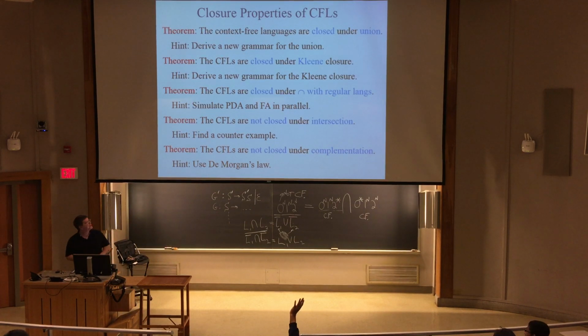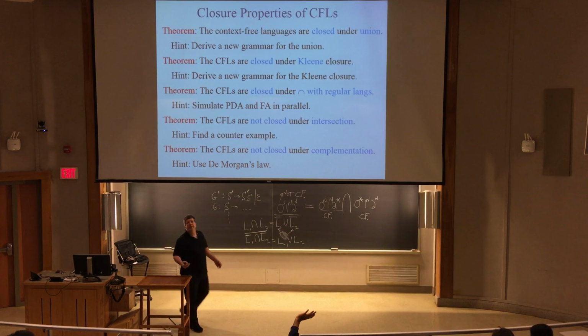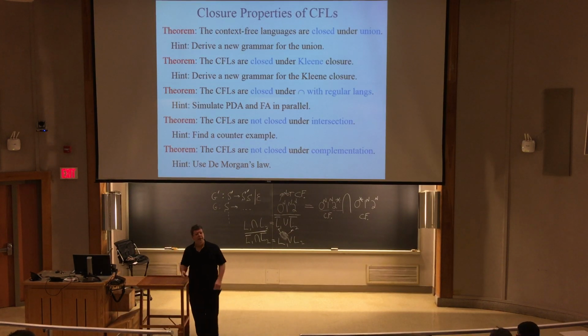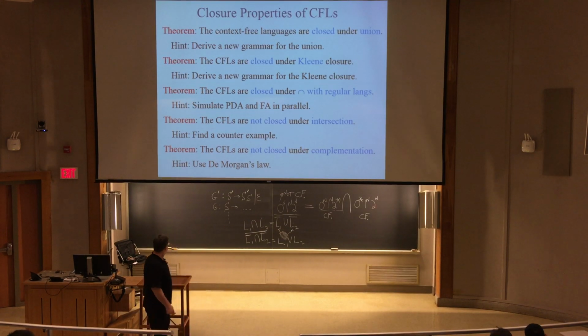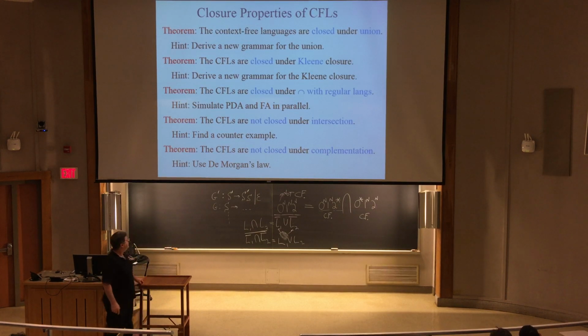So we proved this theorem here not just for context-free languages, but for any property, any class of languages. Would you say that if every operation in an expression preserves a property, then you can automatically assume that the entire expression preserves that property? Yeah.